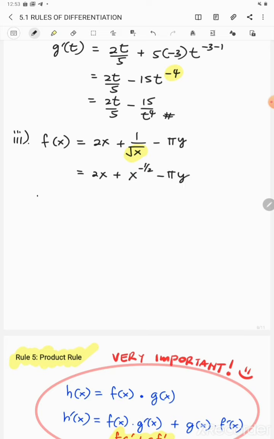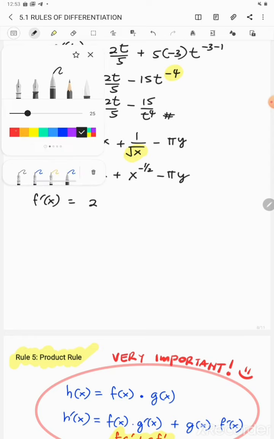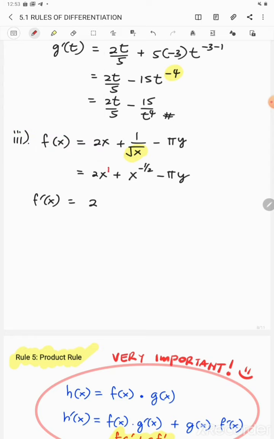So differentiate this, what you get is, differentiate 2x, we get 2. Why? Just to explain this, because we have power of 1, so 2 multiplied by 1, and then x to the power of 1 minus 1. This is the first part.